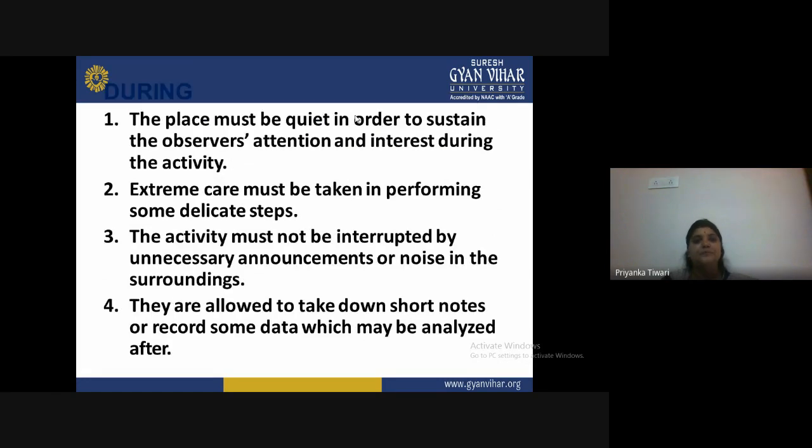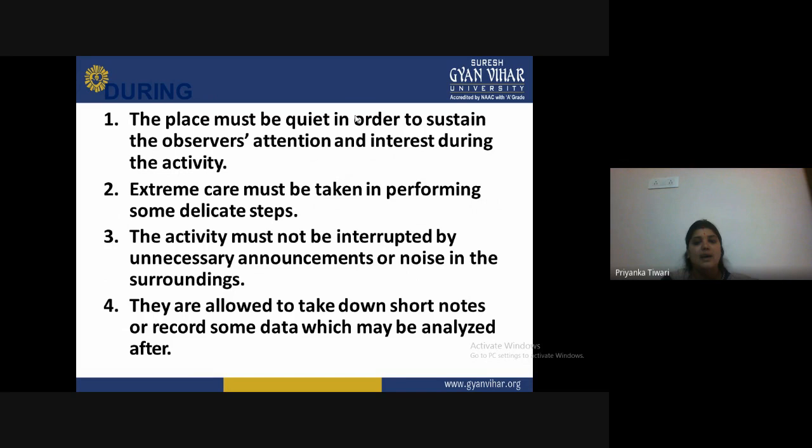During the demonstration, the place must be quiet in order to keep the observers' attention and interest. Extreme care must be taken in performing some delicate steps. The activity must not be interrupted by unnecessary announcements or noise in the surroundings.